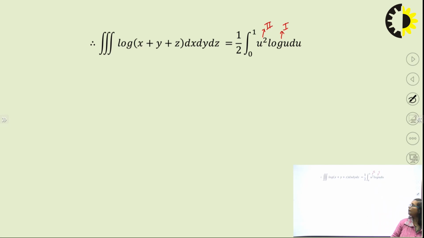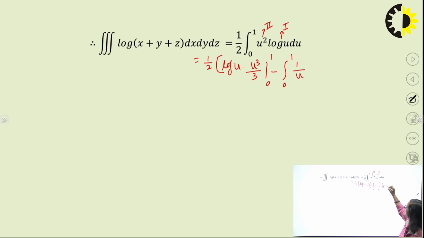So integrating by parts, what I get is 1 by 2 times: first function as it is, log u into integration of u square, which is u cube upon 3, from the limit 0 to 1, minus integration of the derivative of the first function, log u, which is 1 by u, into integration of the second, u cube upon 3, into du. This we are getting.